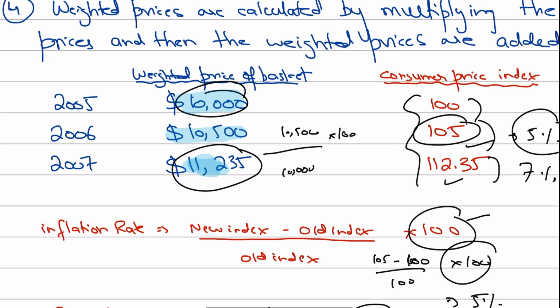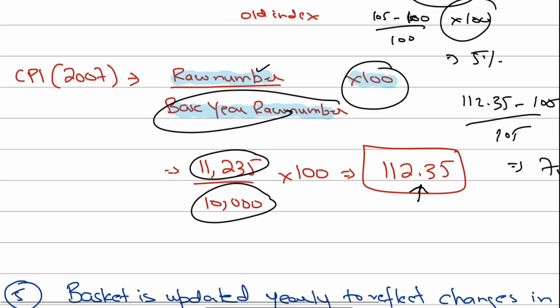And what you also need to know is that every year the basket of goods that we have selected will be updated so that it reflects the changes in consumers' habits and weights, right? Because at times people might not buy certain goods and services, or maybe people might start buying new goods. So that basket should reflect the new habits of the consumers.